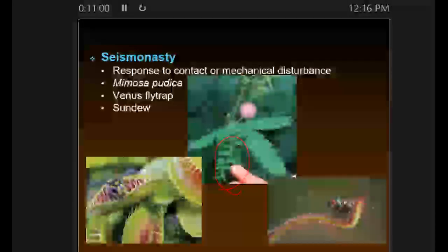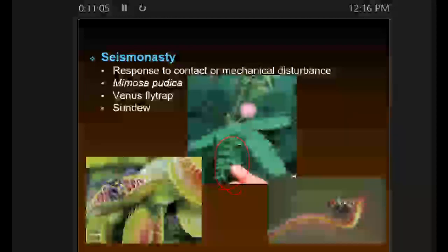What's the one on the lower right? Sundew. We have those around here as well. Sundew plants do grow in boggy areas here, but they're really hard to spot because they're very petite plants. So if you spot one, good on you, because they're tough. You've got to get your nose down there and really look for them. But they're so nice to look at, especially in the bright sunshine with the sun bouncing off those droplets.